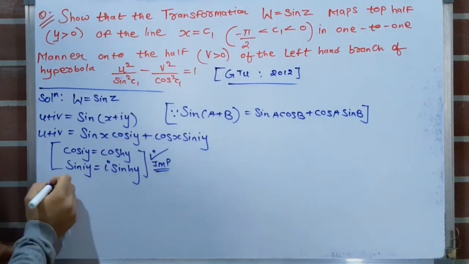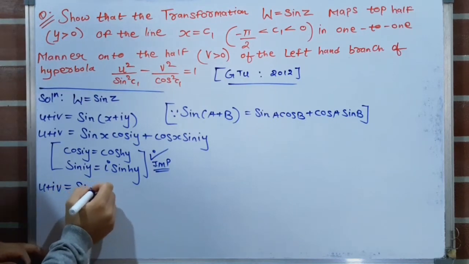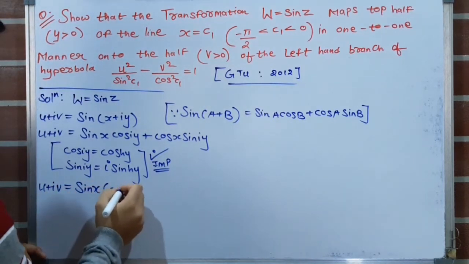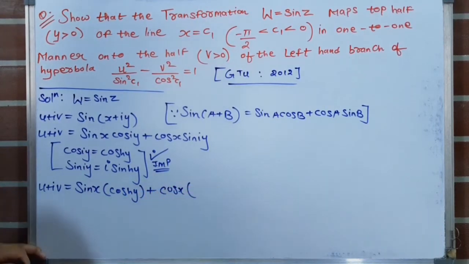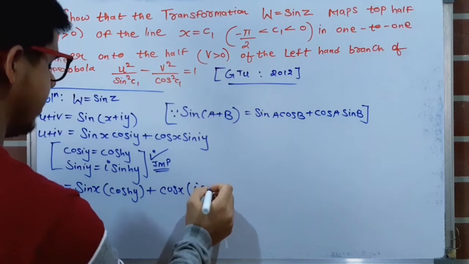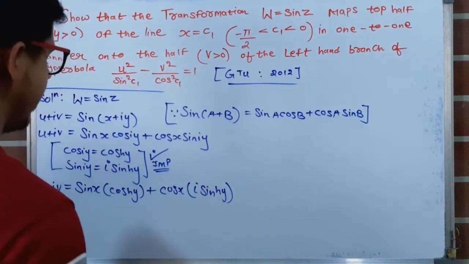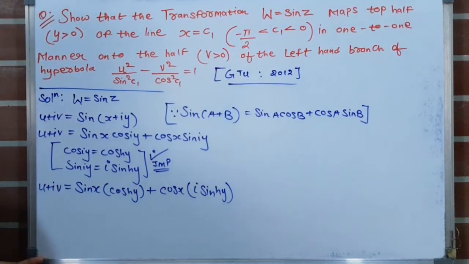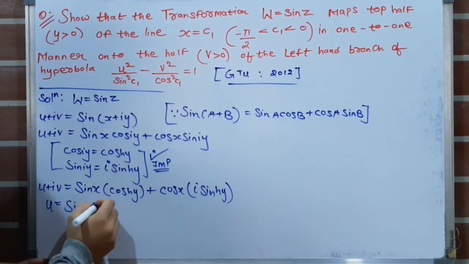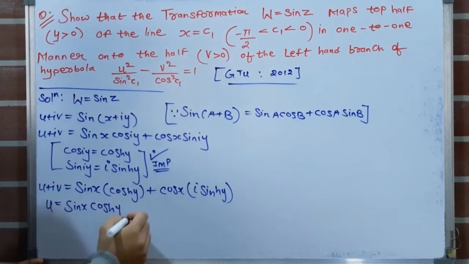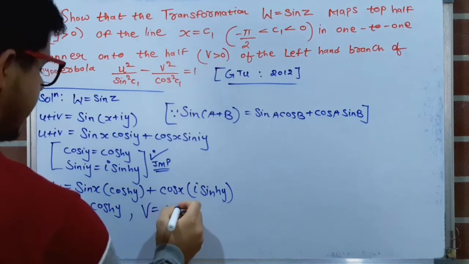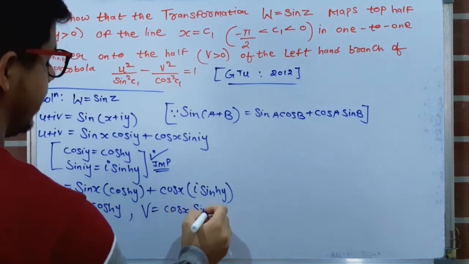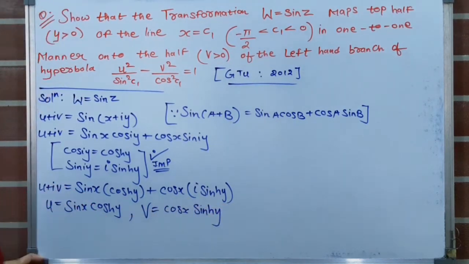So u plus iv equals sin x into cos hyperbolic y plus cos x into i sin hyperbolic y. Now we separate the real and imaginary parts. So u equals sin x into cos hyperbolic y is the real part, and v equals cos x into sin hyperbolic y is the imaginary part.